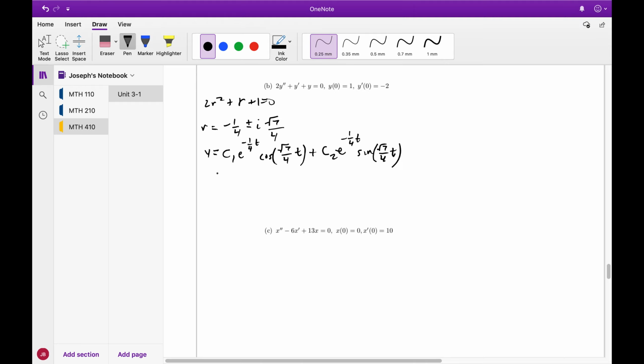plus c2 e to the minus 1/4 t sine root 7 over 4t. And now your job would be to find y prime as well. I'll just give you the final answer, but you're going to need to do product rule on each of these.